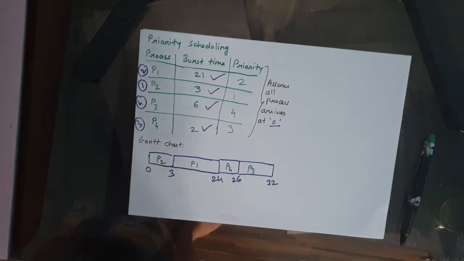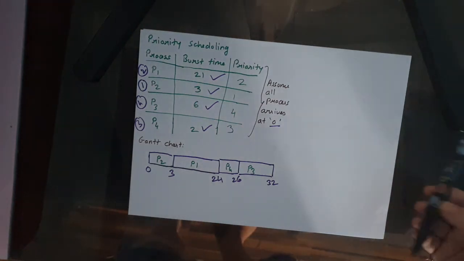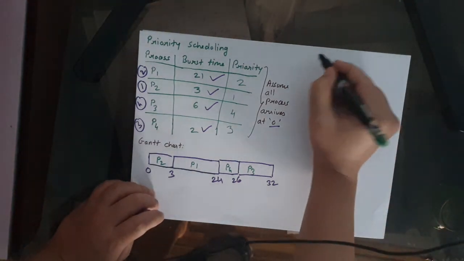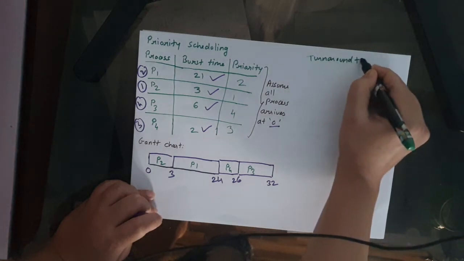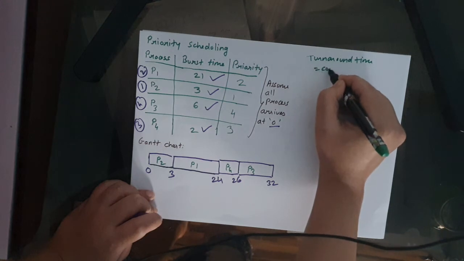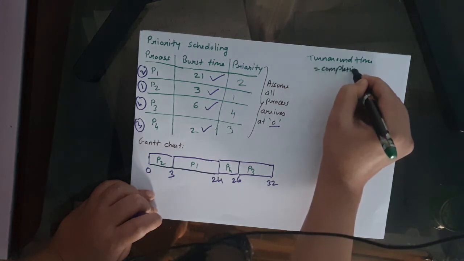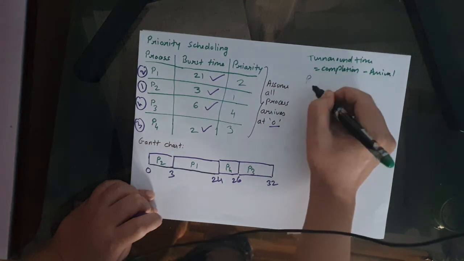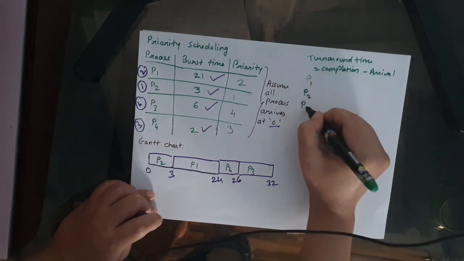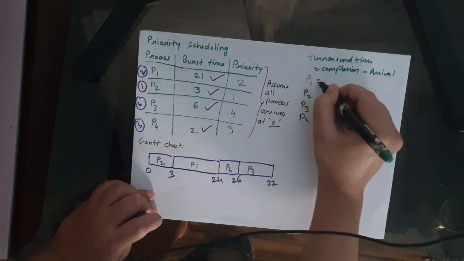So now our next task is to find out the turnaround time, which is nothing but completion time minus the arrival time. So here we go, P1, P2, P3 and P4.